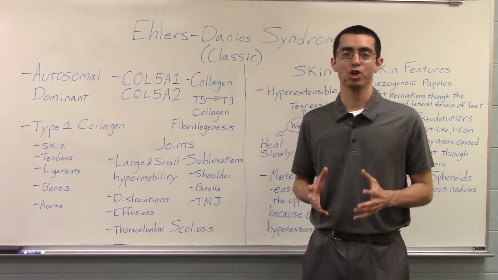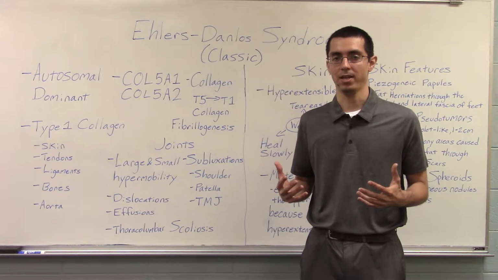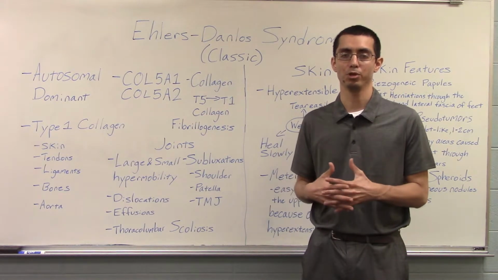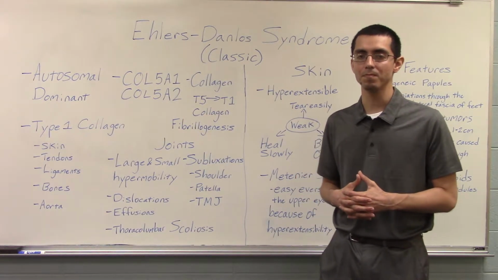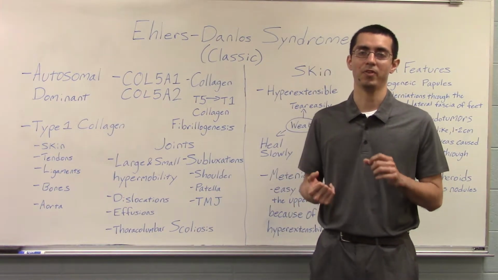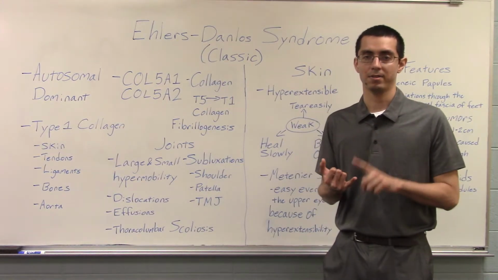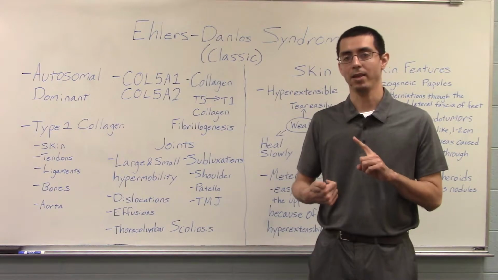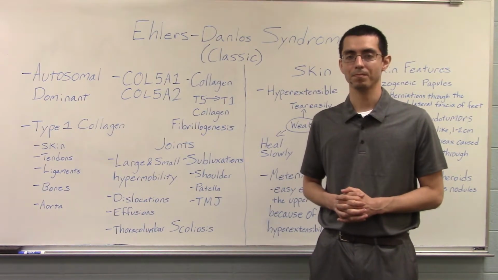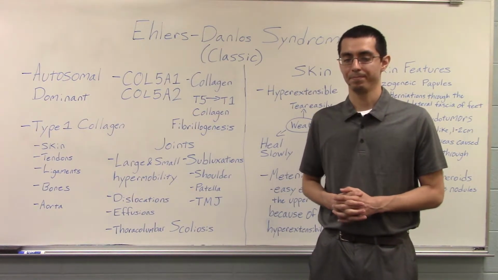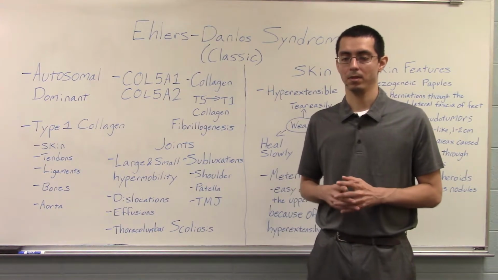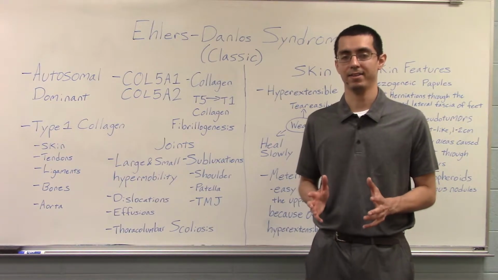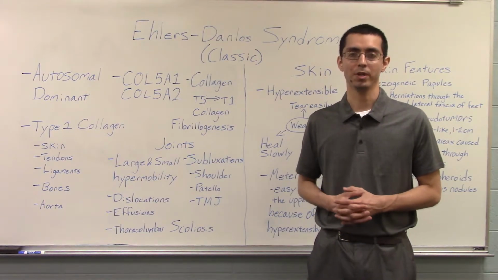These mutations occur when type 5 collagen and type 1 collagen interact with each other during collagen fibrillogenesis. Type 1 collagen is found in the skin, tendons, ligaments, bones, and aorta. One of the sites affected in classic EDS are the joints.